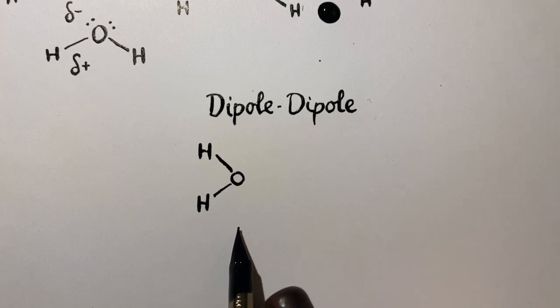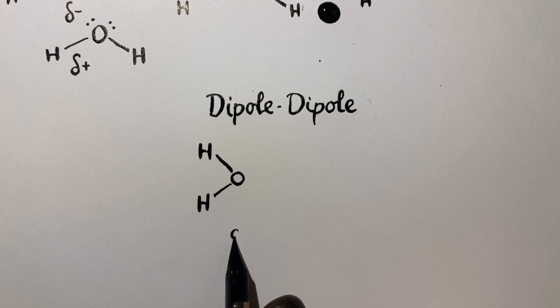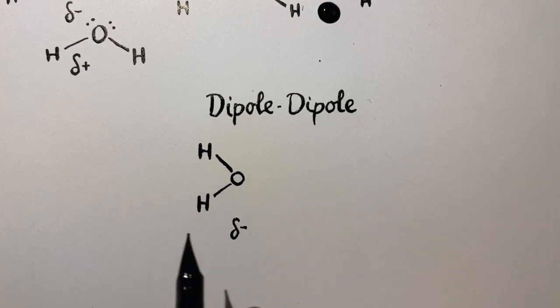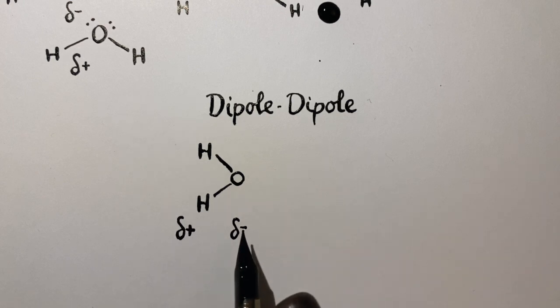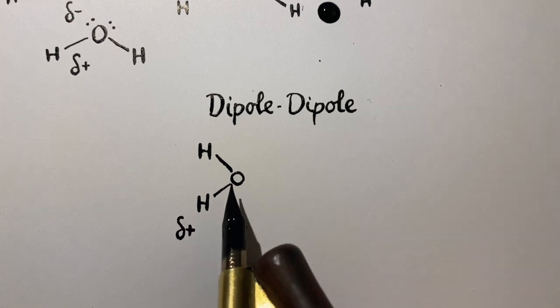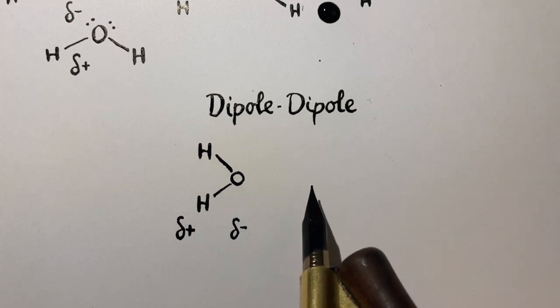There's more electron density on this side with the more electronegative oxygen. And on this side of the molecule, less electrons means that it's a partial positive. So here's our dipole.